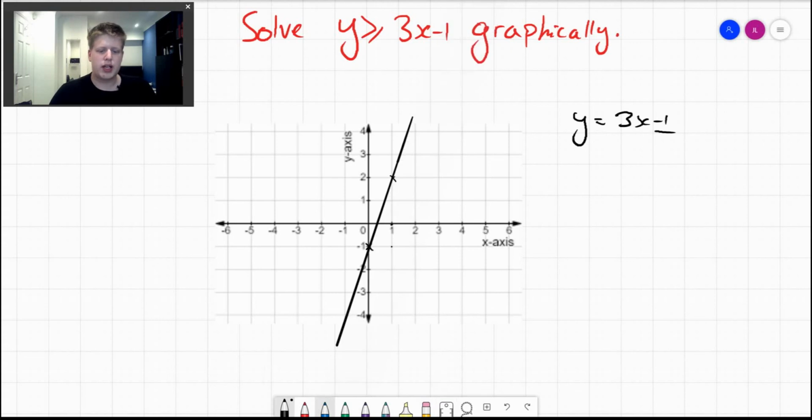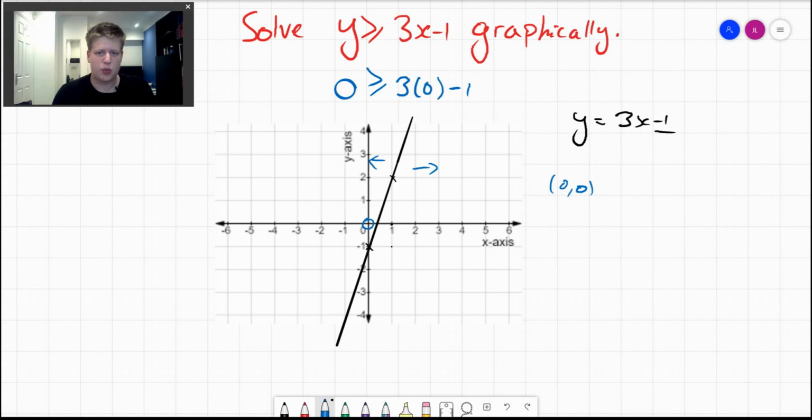Now the question is, is our region to the right of this line or to the left of this line? Well, again, let's use the origin to find out. So at 0, 0, we need to ask ourselves, well, when y is 0, is that greater than or equal to 3 lots of 0, because x is also 0, minus 1?